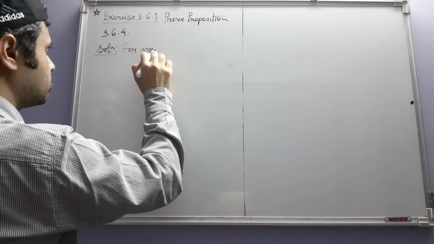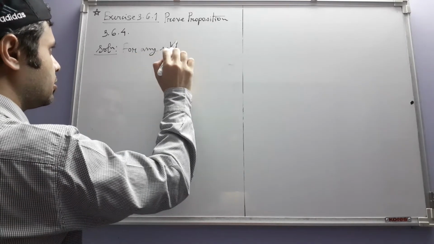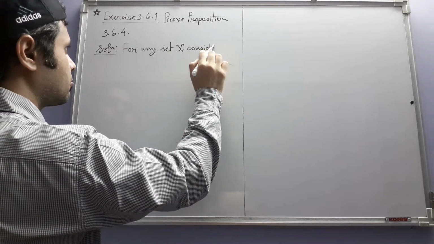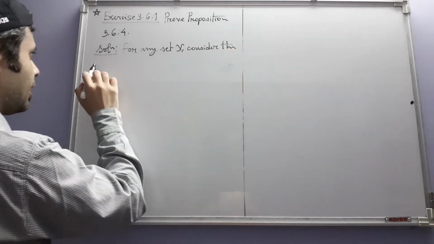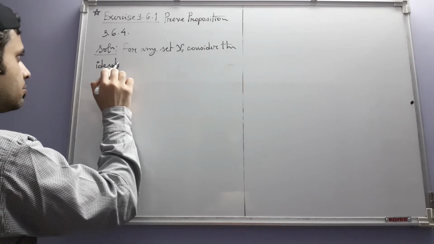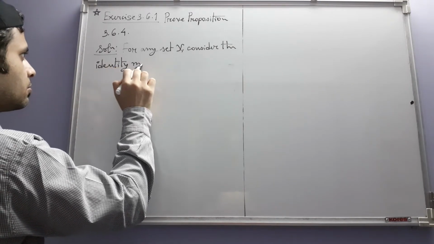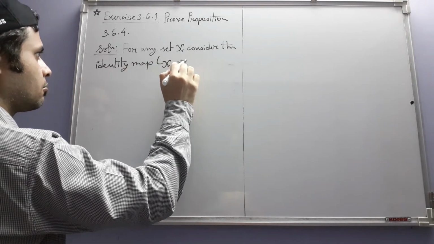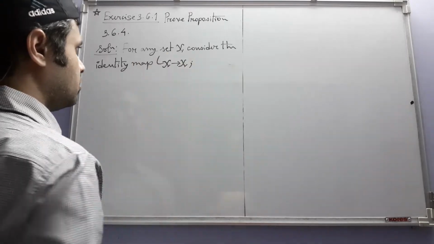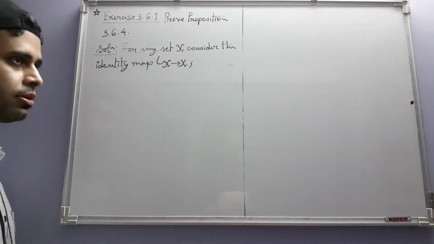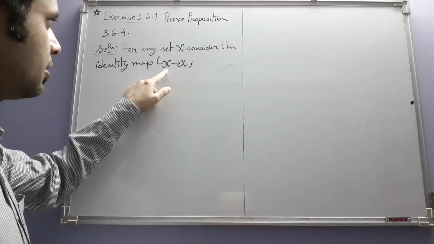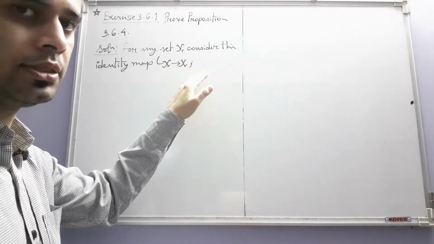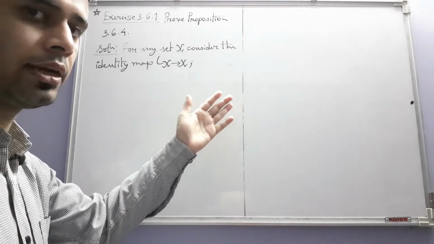For any set x, consider the identity map. This is the map which does not change any element of x. That is, if you take any element of x and put it as an input in this map, then that same element is given back as output.